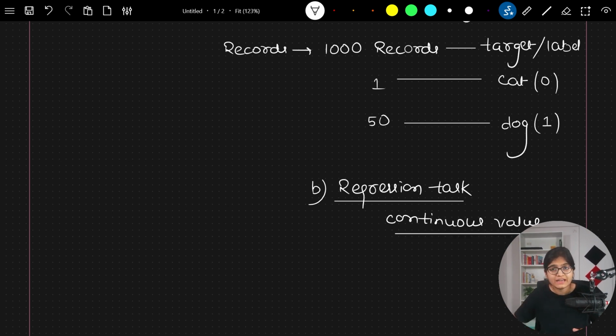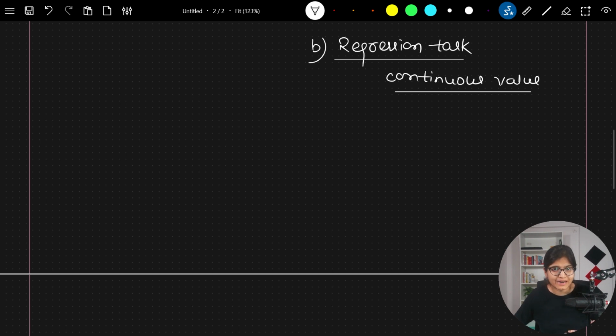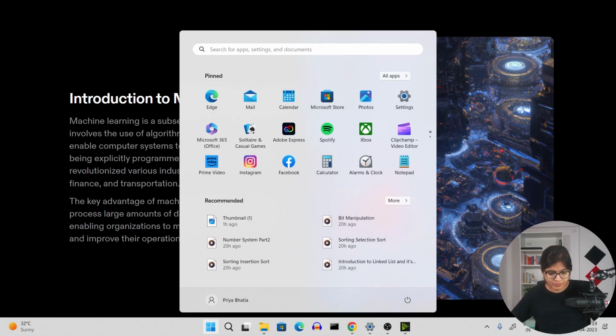What does that mean? For example, just now I gave you the example of house price prediction.